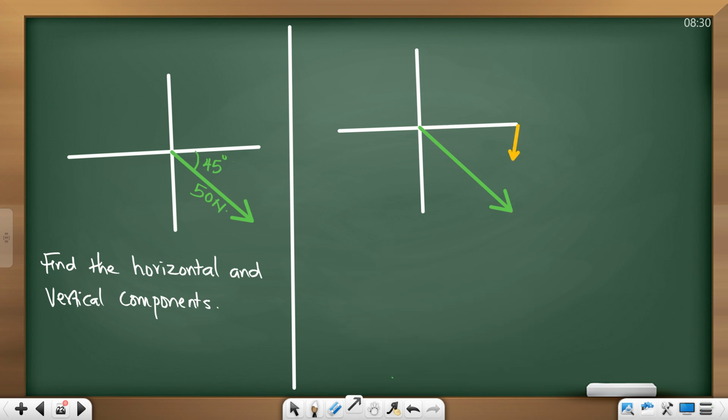One should be acting down and the other one should be acting to the right, because our force is down and right. So we're looking for the sides. Down and right. And where's my angle? 45. What is my force? 50 newtons.